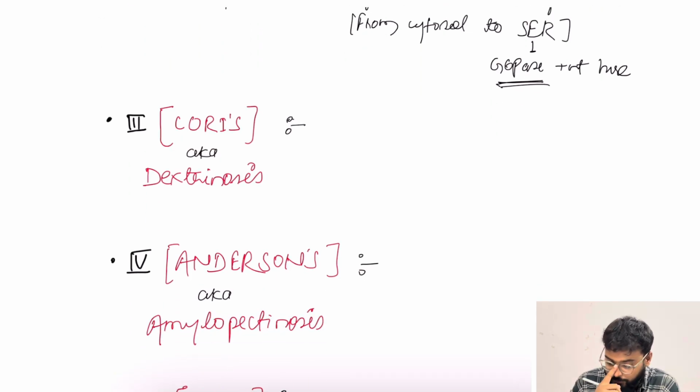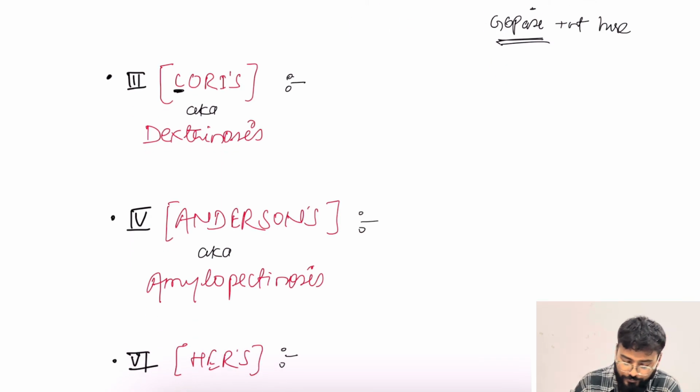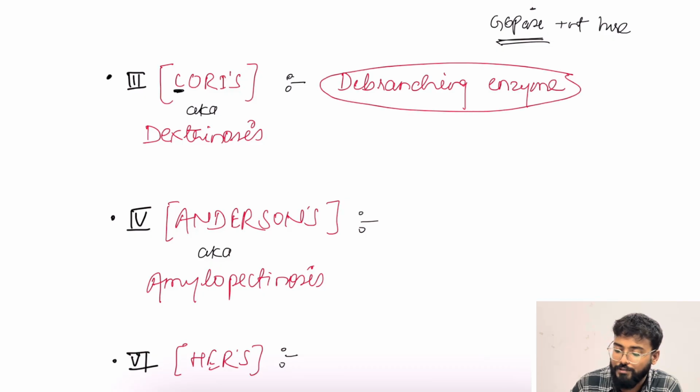The next liver GST is your third type, that is your Cori's. C is the third letter, so that's how you can remember. The third one is your Cori's. And the enzyme that is defective in case of Cori's is your debranching enzyme. Cori's disease is also known as dextrinosis.